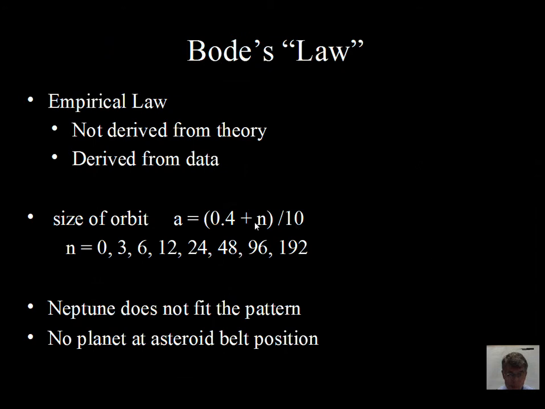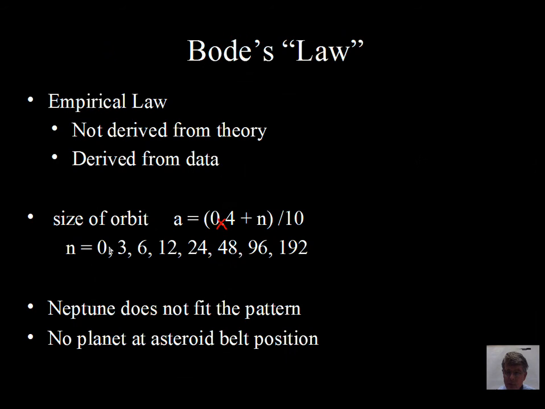So just scratch off that 0.4. So Bode's law: take 4 plus n and then divide by 10. For Mercury, 4 plus 0 divided by 10 is 0.4 for its semi-major axis. For Venus, 4 plus 3 divided by 10, that'd be 0.7. For the Earth, the case I wanted to do, 4 plus 6 divided by 10, that's a 1 for its semi-major axis.